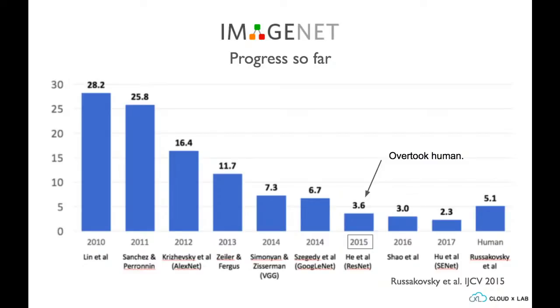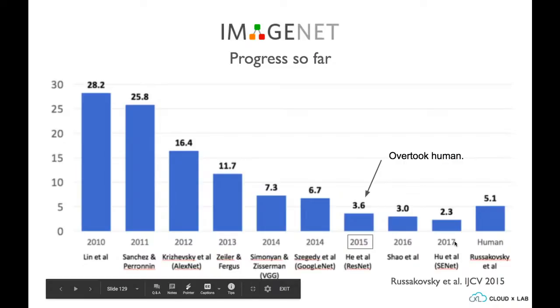Humans make a mistake of 5.1% on those many objects. It's not exactly 5.1; I could go into more details of that one. We'll discuss it at a later point in time. So humans make a mistake of 5, while in 2015 the computer started making only 3.6. Now as of 2017 the error rate has dropped to 2.3.